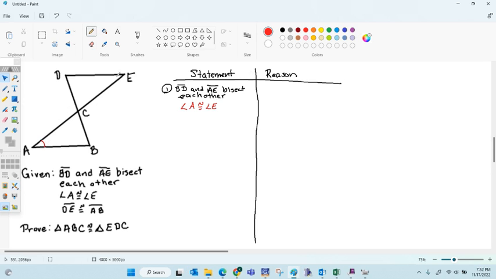Here's angle A, here's angle E. And then the last part of the given information, segment DE is congruent to segment AB. So DE is congruent to AB. And I am going to say that that's given.